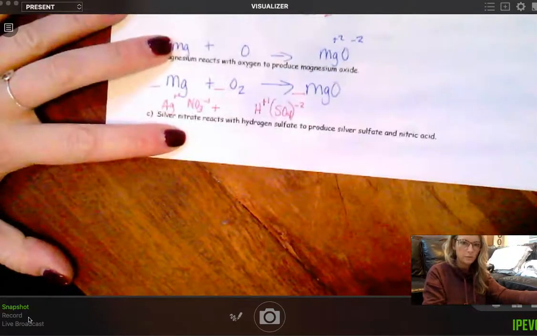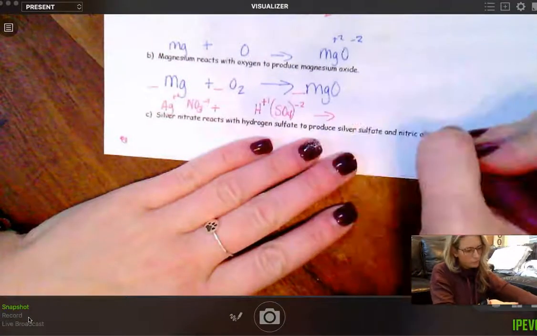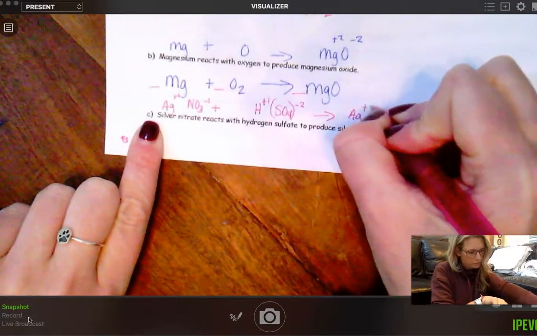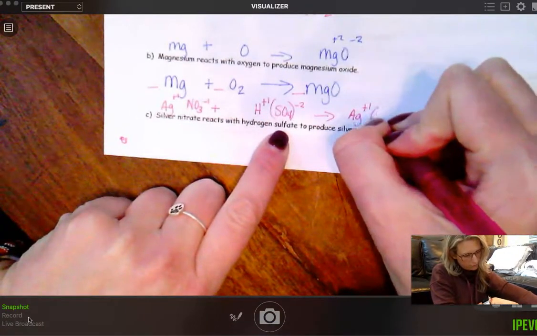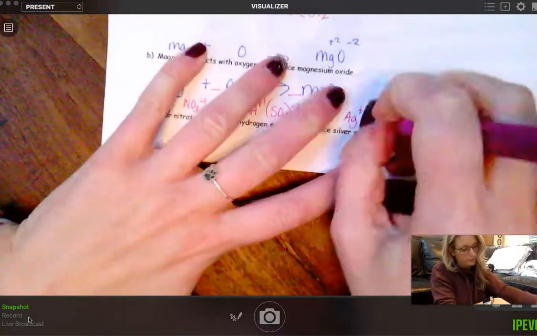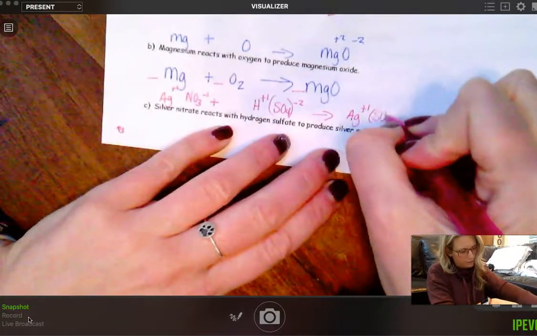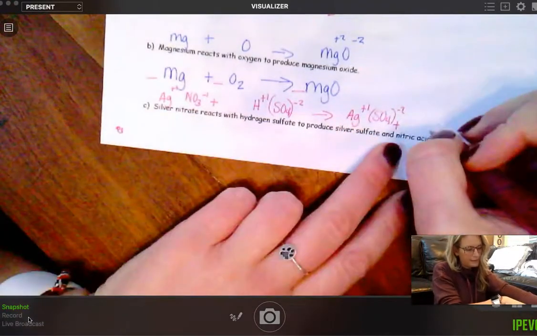To produce, use your arrow, silver sulfate. So silver was Ag, and it was a plus 1. Sulfate was SO4 minus 2. That's not going to cut it. SO4 minus 2.